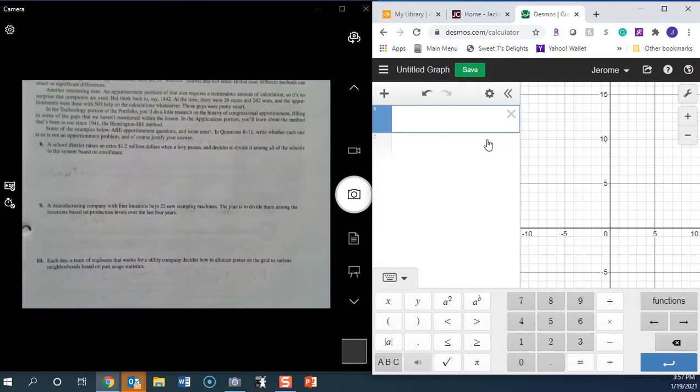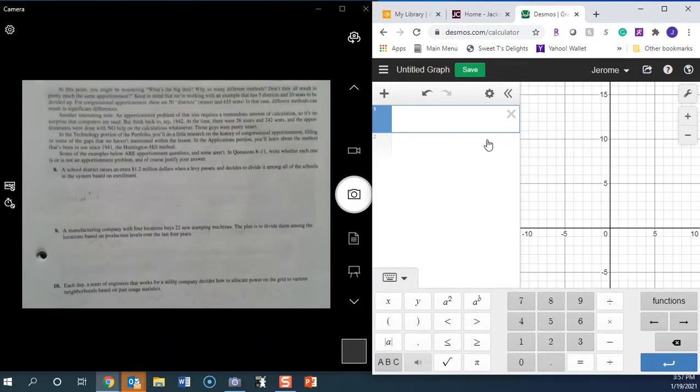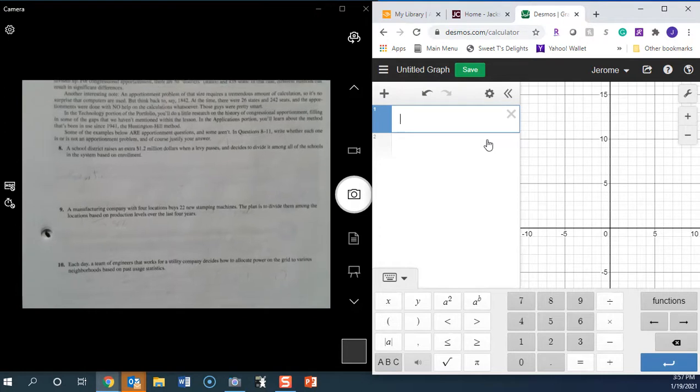Okay, now this last page for this section, they want us to tell whether or not these situations would require apportionment. Now, if something can be evenly divided, it doesn't require apportionment. Apportionment is only used for things that cannot be evenly divided, like you cannot evenly divide a computer or a whole person.